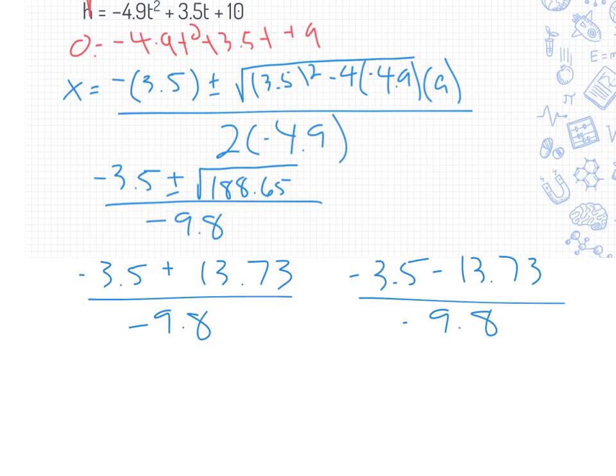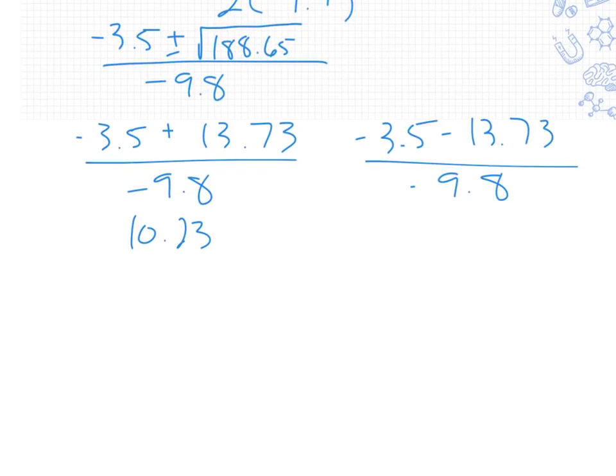Simplifying both of those, again using a calculator to come up with our end results, we get 10.23 over negative 9.8, which is negative 1.04.